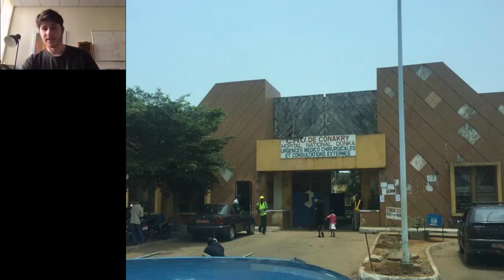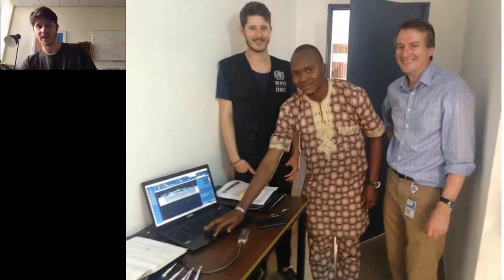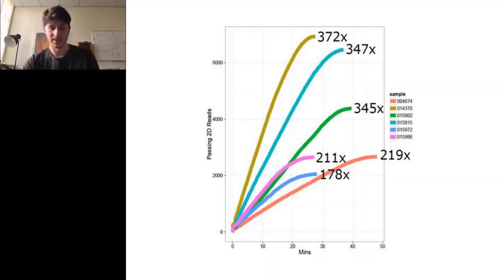So this is the main hospital in Conakry, the capital city of Guinea, where we had the lab set up, and this is me on the left with Dr. Masuma and Miles Carroll setting up the first Ebola sequencing run in Guinea, and actually probably anywhere.